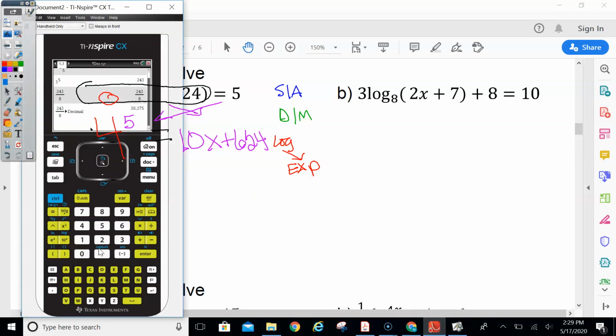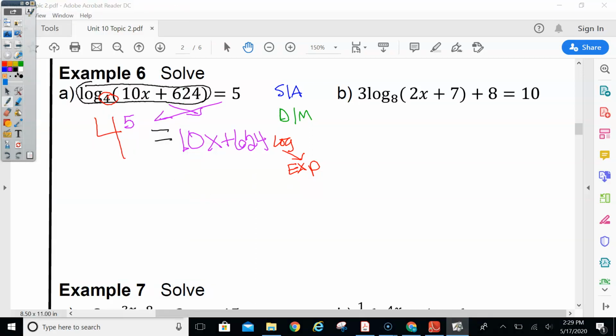Figure out what that number is in the calculator. So 4 to the 5th is 1024. So 1024 equals 10x plus 624. So now we finish solving the rest. What was in the grouping symbols, what was in the parentheses, we now finish solving for x, just regular.